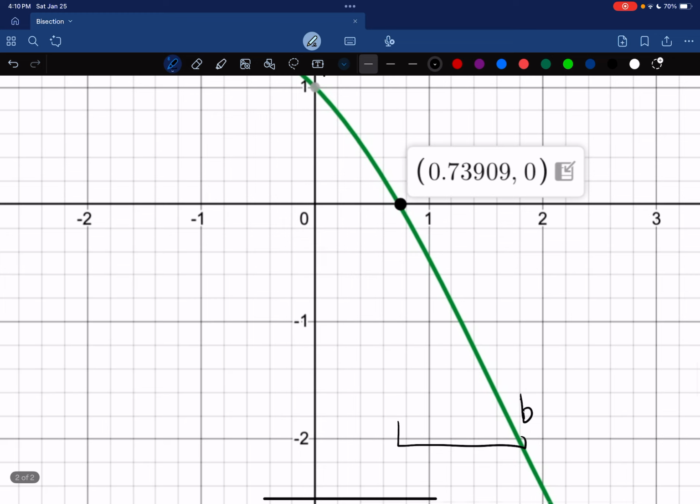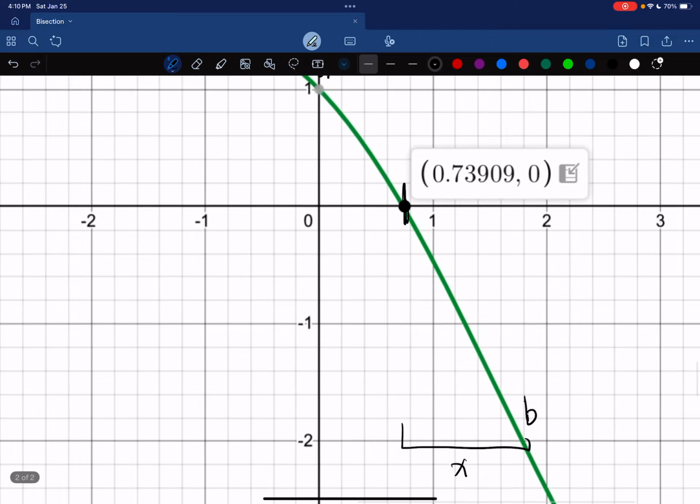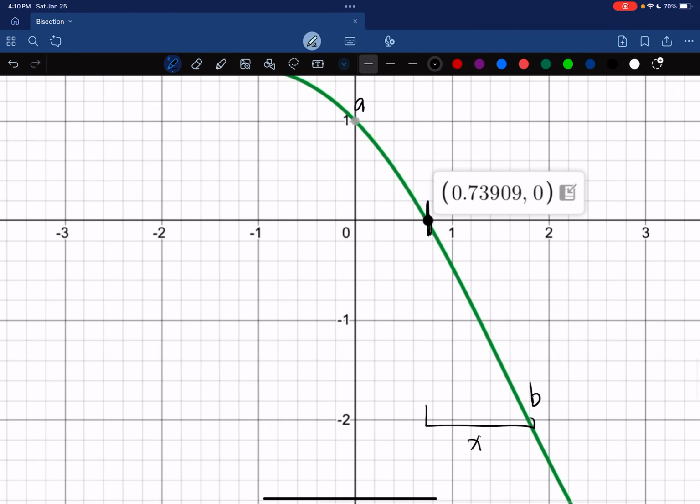Now, obviously, I never know where the root is. So I can't even confidently say what this number is. Because if I knew where the root is, I'd never be doing this. So what is another way I can calculate error? That's why we use maximum error.